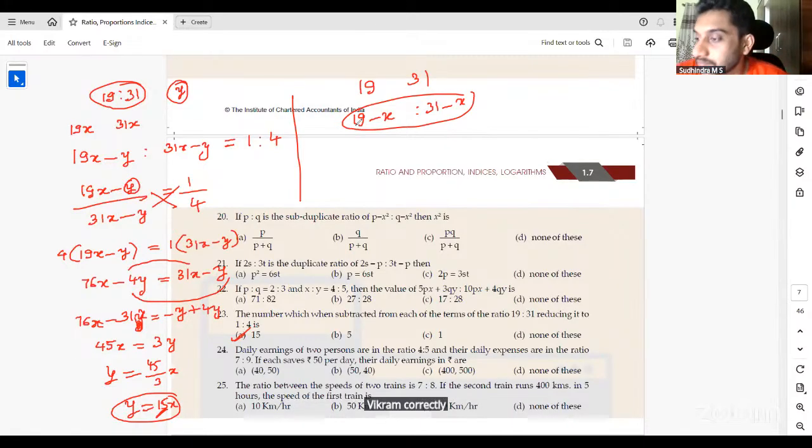Vikram, correct. Prajit, Lahari, Sahana, Gangotri, correct answers.